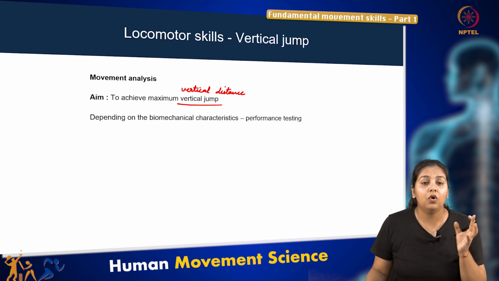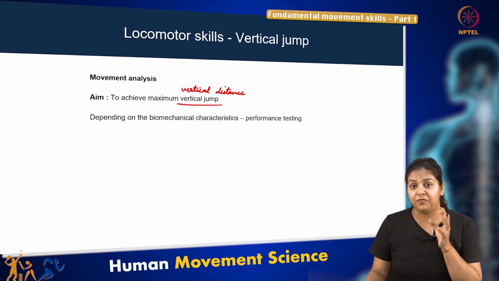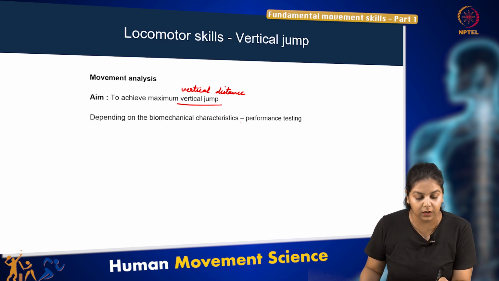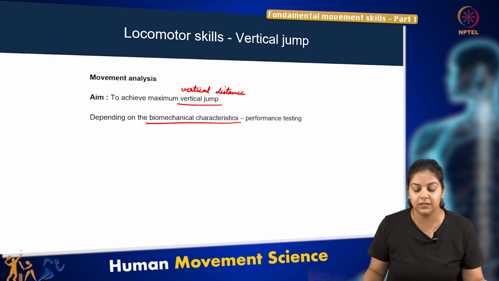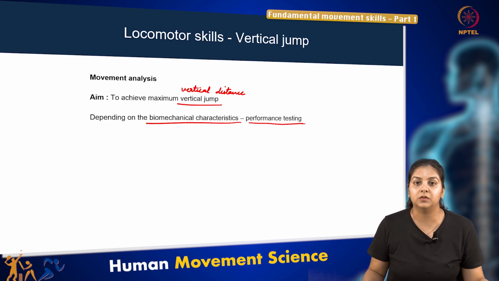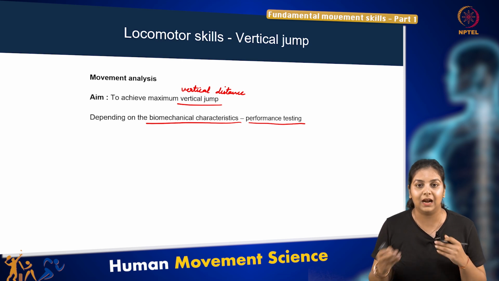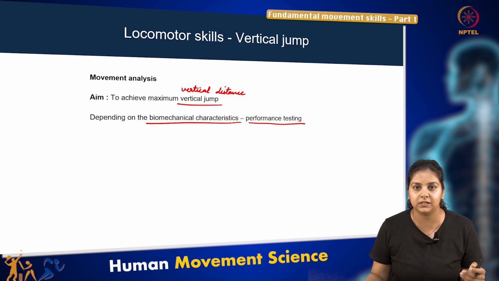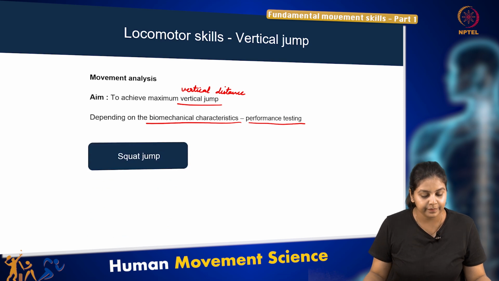Because you had various vertical jumps, depending on their biomechanical characteristics, you will be testing different performance outcomes, right? So vertical jump is one such fundamental movement that is used for performance testing, and those performance testing parameters depend on the underlying biomechanical characteristics. Let's look at them.